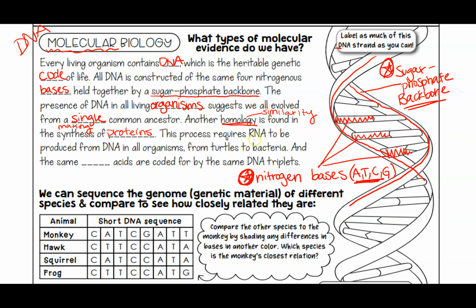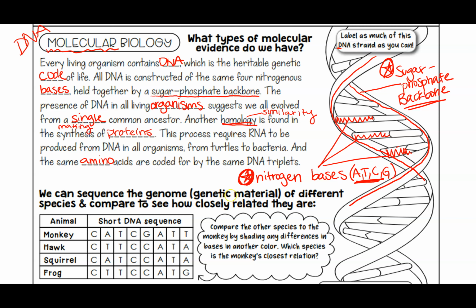The process requires RNA to be produced from DNA in all organisms, from turtles to bacteria. And the same amino acids are coded for by the same DNA triplets.